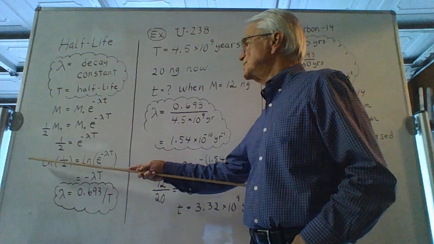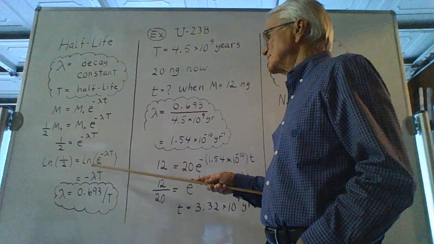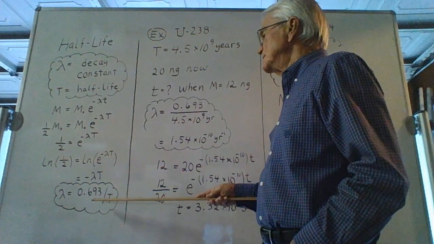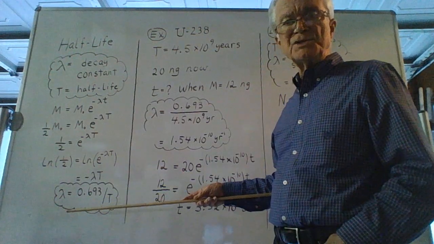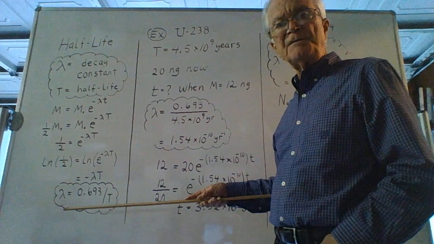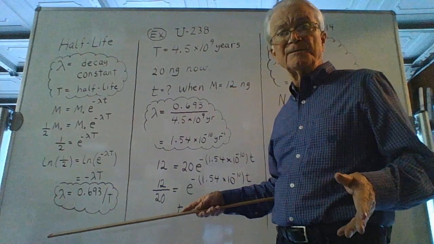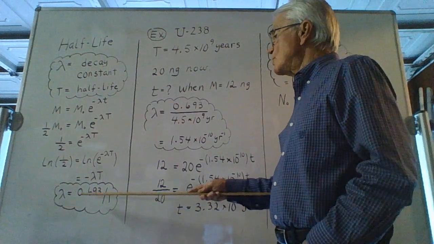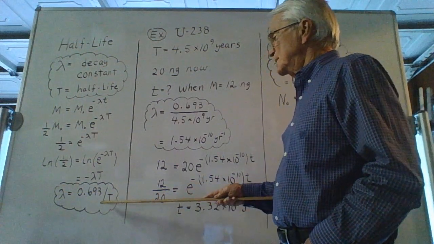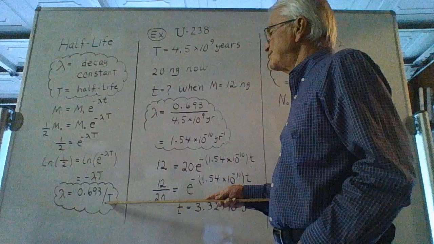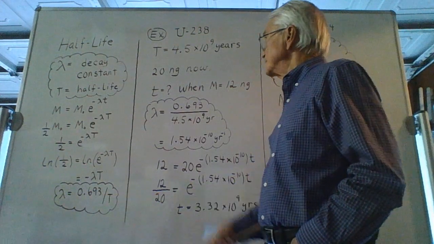The negative signs on each side of the equation cancel. Solve for lambda, and you have this important equation. If you know the half-life of some radioactive isotope, and it's constant, whatever it is, forever, then you can calculate the decay constant. Give me the half-life, and I'll tell you the decay constant.